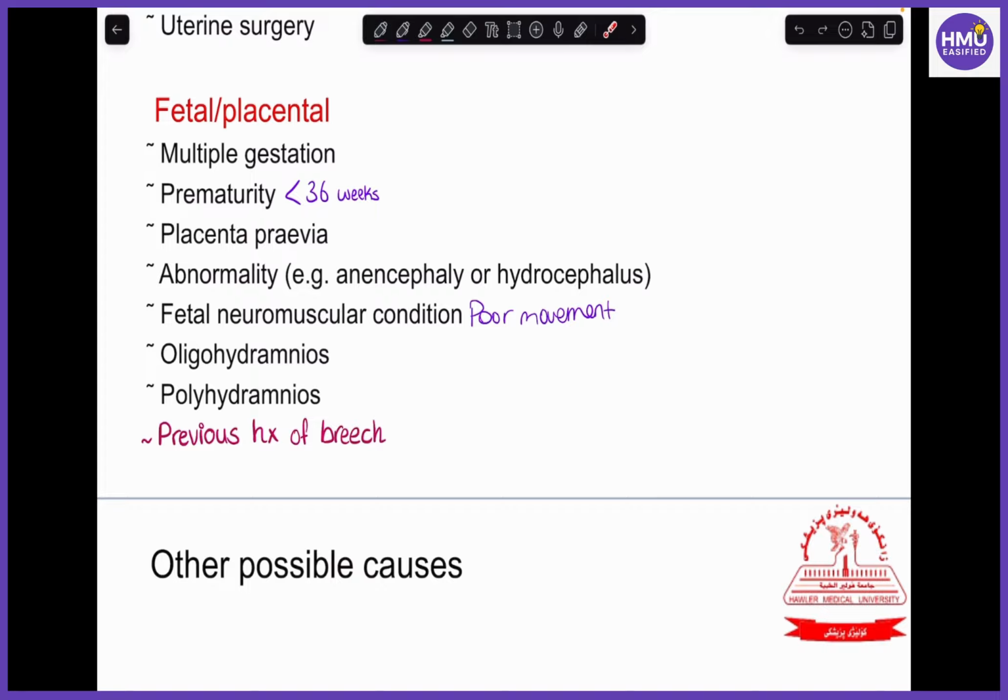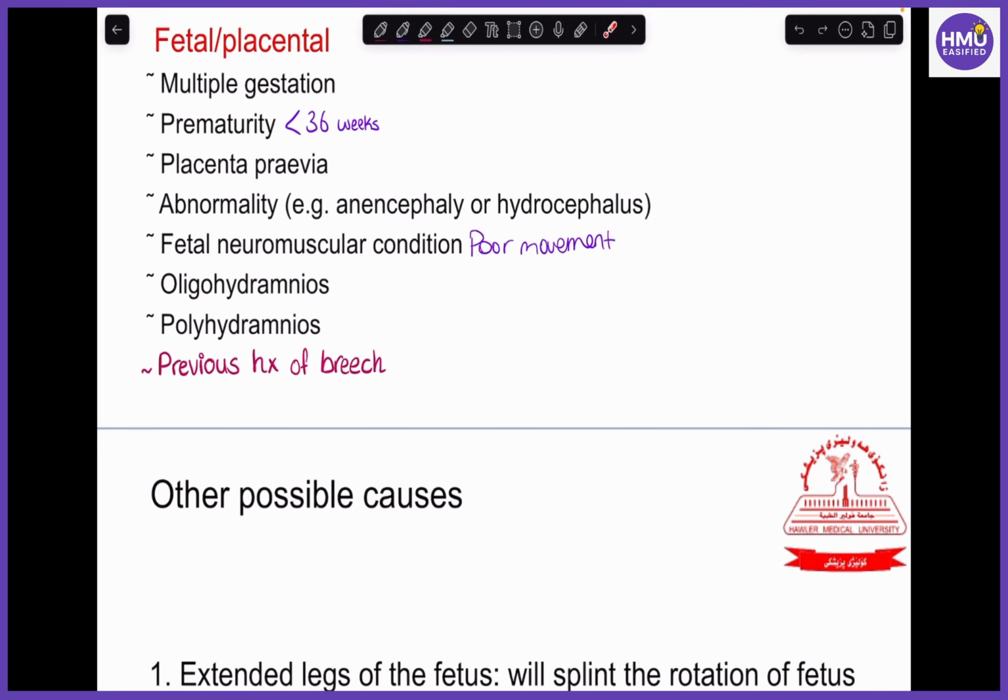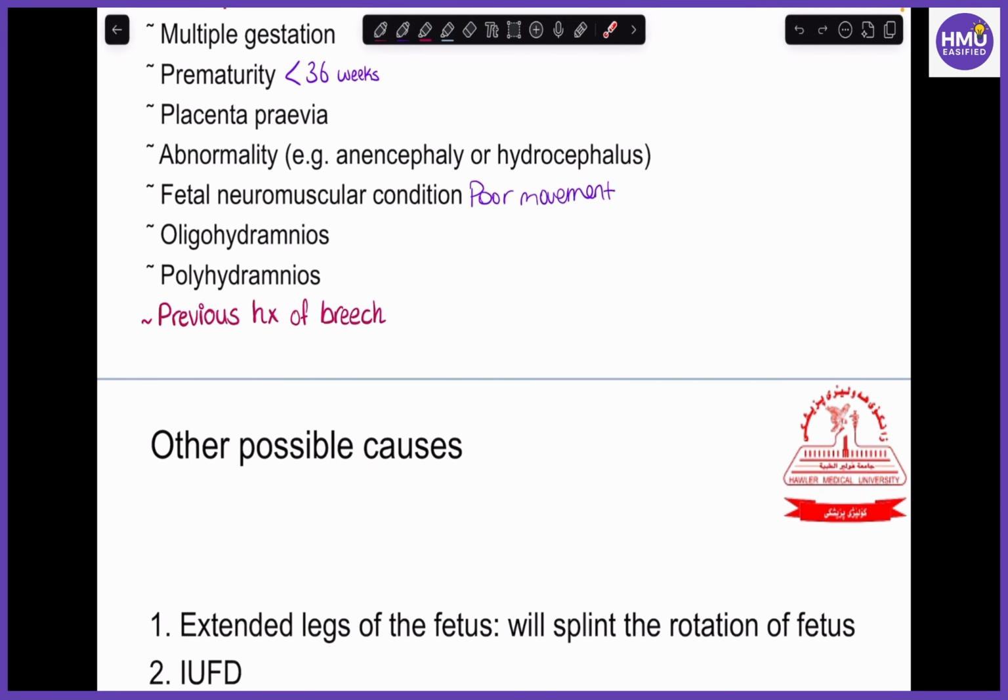In anencephaly, there's an absent cranial vault, so the head is not heavy enough to engage, and it is incompatible with life. Hydrocephalus is an enlarged head, so physically unable to descend. Both of these prevent normal cephalic engagement.